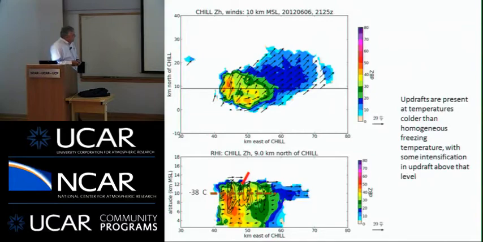And if these are in fact having homogeneous freezing at the upper parts of the anvil, you might expect that there would be some enhancement in the updraft due to the release of latent heat. And there is some indication here that that might be true, at least in this one part of it, although it really isn't a dominant force here. But you can see this from the structure. You can also get a feeling for the depth of the updraft during the storm.